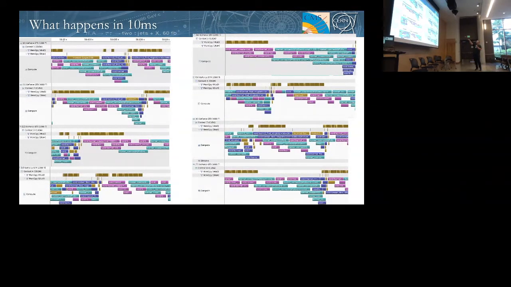Here you have 1, 2, 3, 4, 5, 6, 7, 8. I'm colorblind, so I cannot tell you what color this is, but these are memcopies. These are the different kernels, and you can see that up to 8 kernels can run on each GPU at the same time.